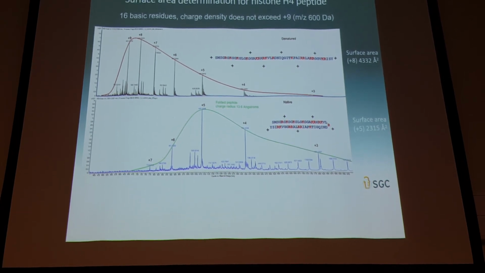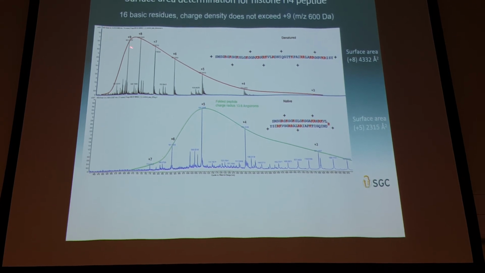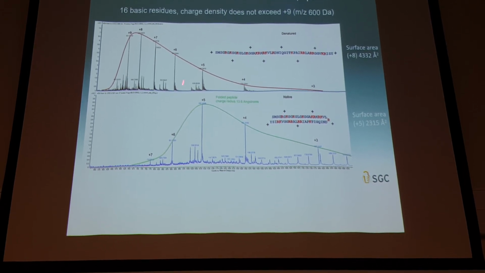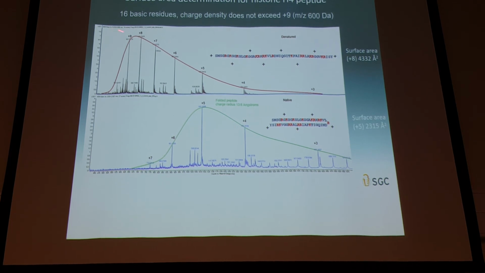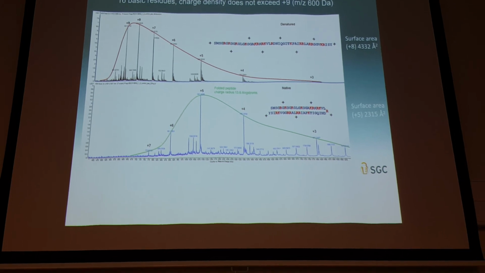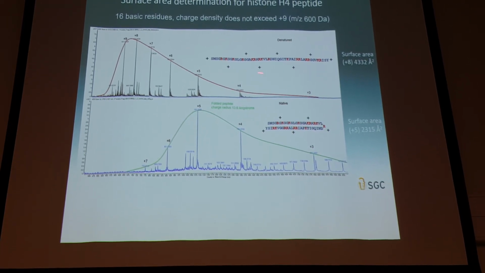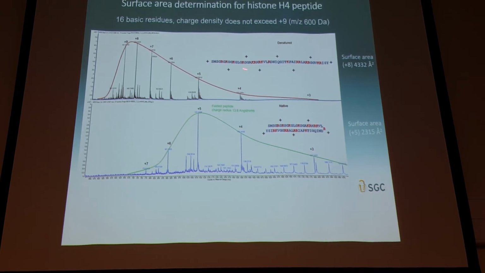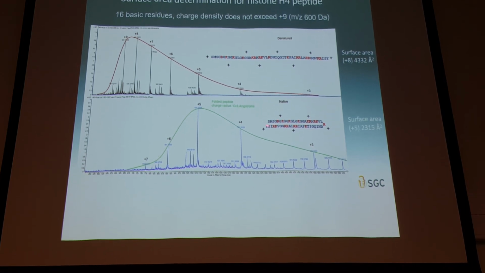What this slide was originally intended to show is that you generally assume that if you have a peptide, it has no structure. But this is the same peptide sprayed under denaturing conditions, and this is sprayed under native conditions. You can see that these charge distributions are totally different. This has a maximum of 9 protons, this has a maximum of 5.